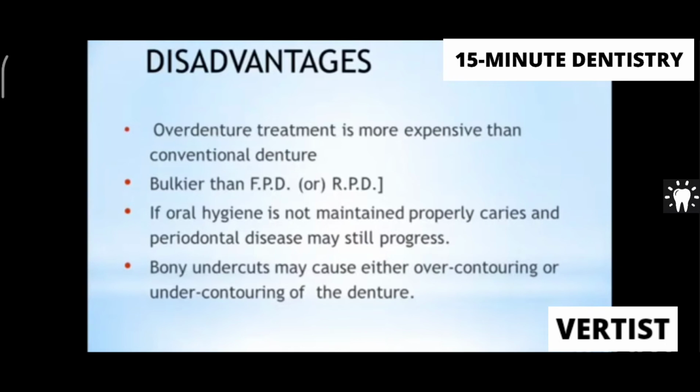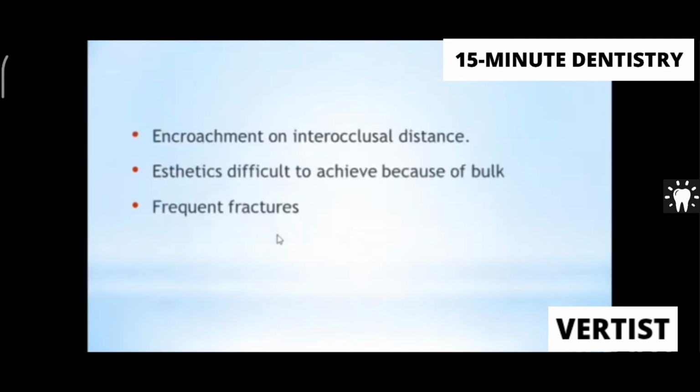So it becomes bulkier sometimes. Oral hygiene maintenance becomes difficult sometimes. The caries susceptibility, if the patient has a high caries susceptibility, it is really difficult for the patient to maintain the teeth in position. Bony undercuts, if the patient has soft tissue undercuts or bony undercuts, it will be difficult and it will lead to over contouring or sometimes under contouring of the denture.